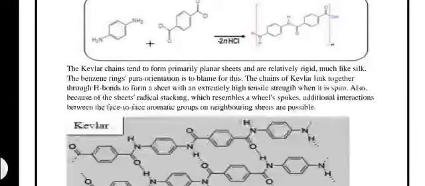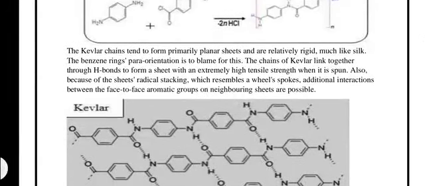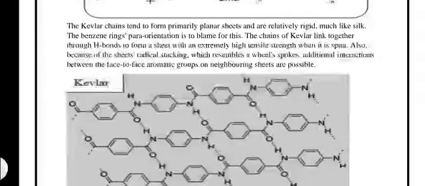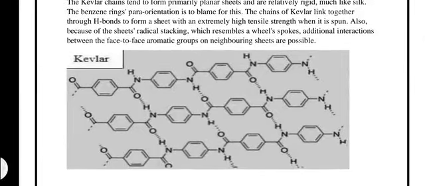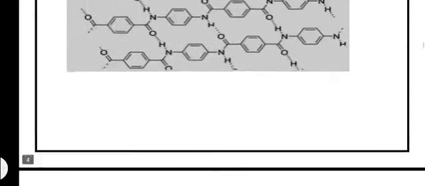The para-orientation of the benzene rings is blamed for this. The chains of Kevlar link together through hydrogen bonds to form a sheet with an extremely high tensile strength when it is spun. Also, because of the radial stacking of the sheets, which resembles a wheel spoke, additional interaction between the face-to-face aromatic groups on neighboring sheets is possible.